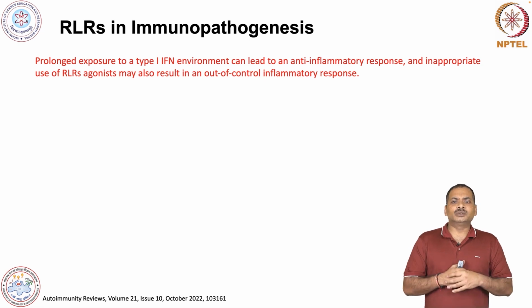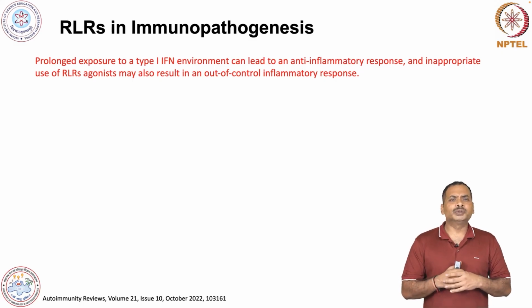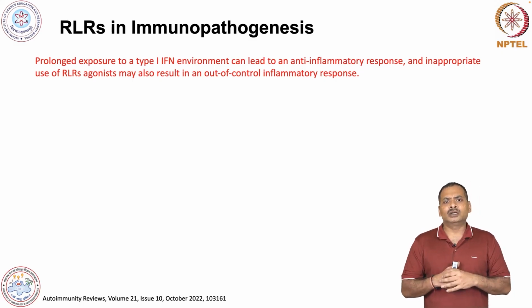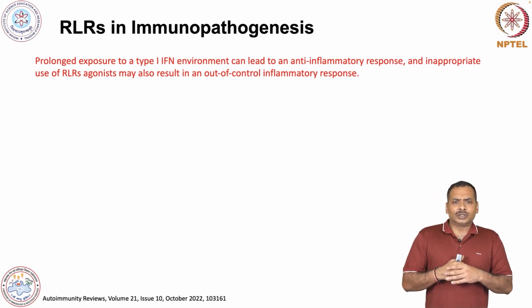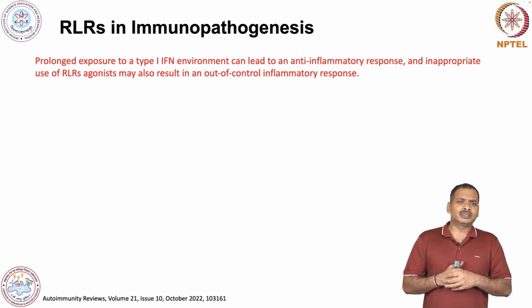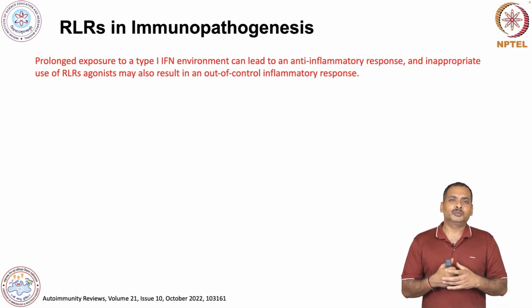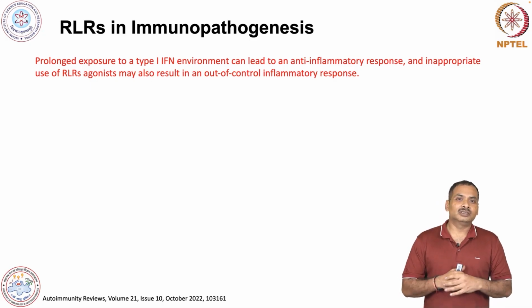So, that can lead to an inflammatory response, and inappropriate use of this RLR agonist may result in out of control inflammatory disease, okay. So, this is quite important. Whatever ligands are used, they should be used appropriately and monitored appropriately, okay.